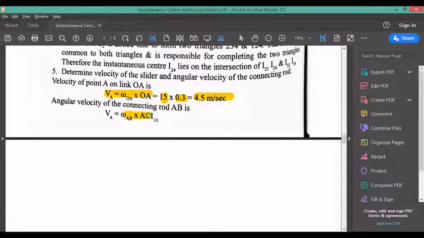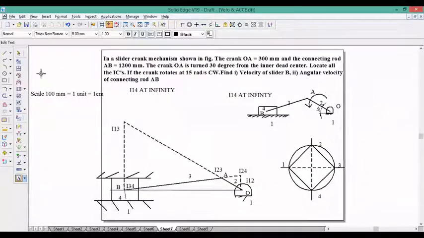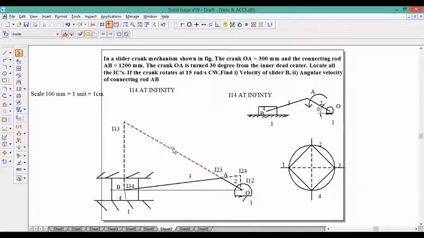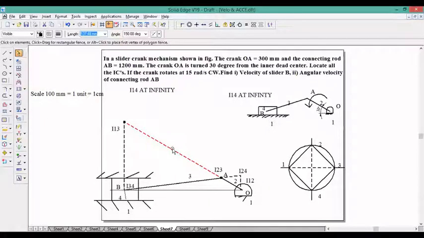Then the linear velocity is omega AB multiplied by the distance from point A to I13. The distance from A to I13, we need to measure from the diagram. The length of this is 137.48, that is 13.7 centimeters. Multiplying by the scale, we get 1374 millimeters.